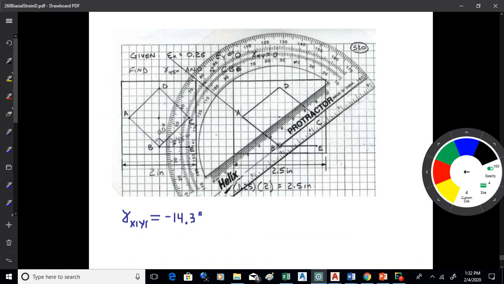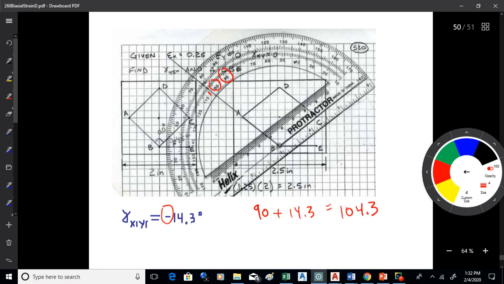That original angle ABC was 90 degrees. Now I've got a negative shear strain. Keep in mind that negative means it gets bigger. So 90 plus 14.3, I would expect that new angle to be 104.3. Again, I know this is hard to read, but there's 90, there's 100, and there's 105.